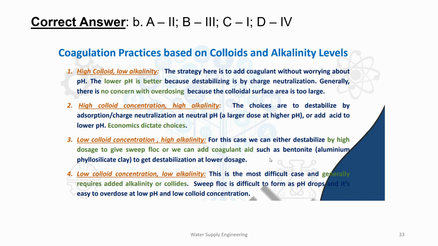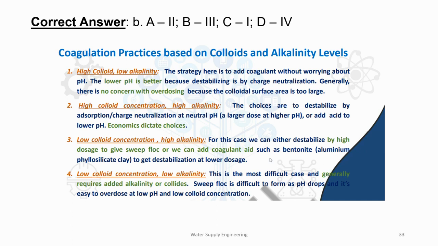So the general coagulation practices based on colloids and alkalinity levels are like, the first case is high colloid, low alkalinity. If the alkalinity is lower, this is a good or optimum condition, because there is no issue of overdosing and destabilization.